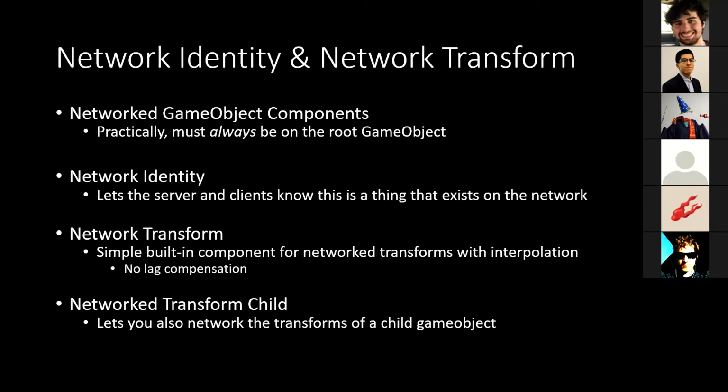And then some other things are built-in components that Unity Mirror has: network identity and network transform. These are going to be the main components that we put on game objects that need to be networked. A network identity component should always be on the root game object.